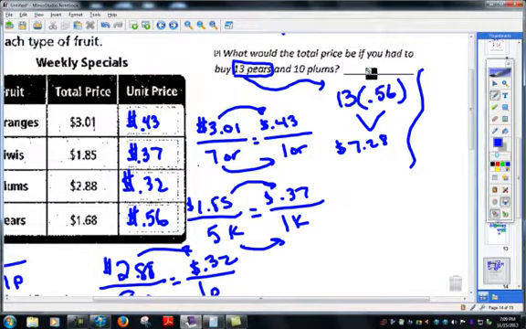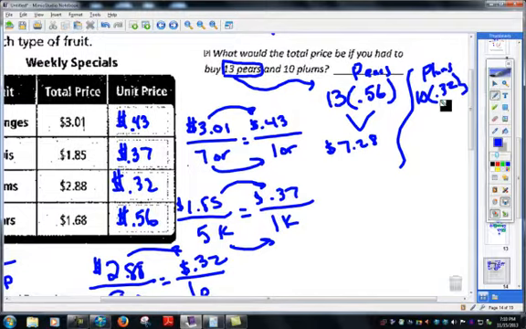That's for pears. Now for plums, I'm going to do 10 times 32 cents. Without getting out my calculator, I know that 0.32 times 10 is just moving the decimal one place to the right because there's 1 zero.